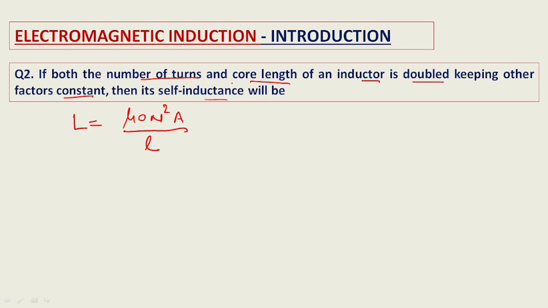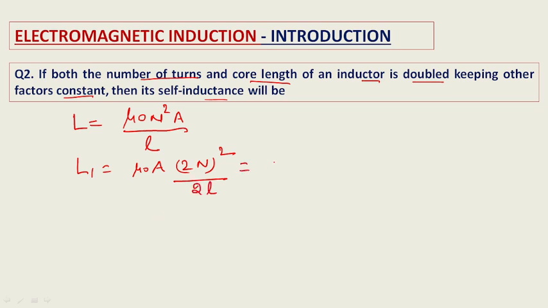So both the number of turns and core length of an inductor are doubled. Number of turns is doubled. For L1, mu 0 A is common, n has become 2n, number of turns is doubled, and length is also doubled, keeping other factors constant. So this also will become 2l.